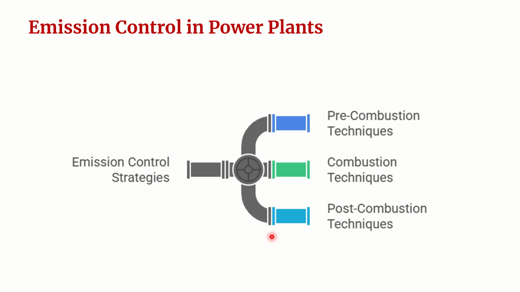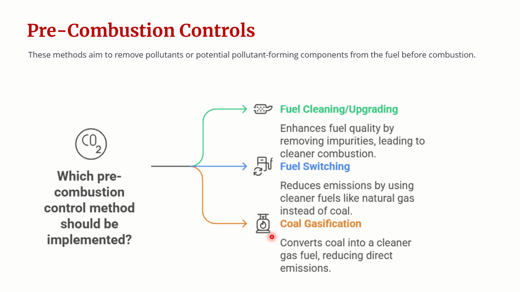So one by one, I'll brief you. Pre-combustion controls. So these methods aim to remove pollutants or potential pollutant forming components from the fuel before combustion. So which pre-combustion control method should be implemented?